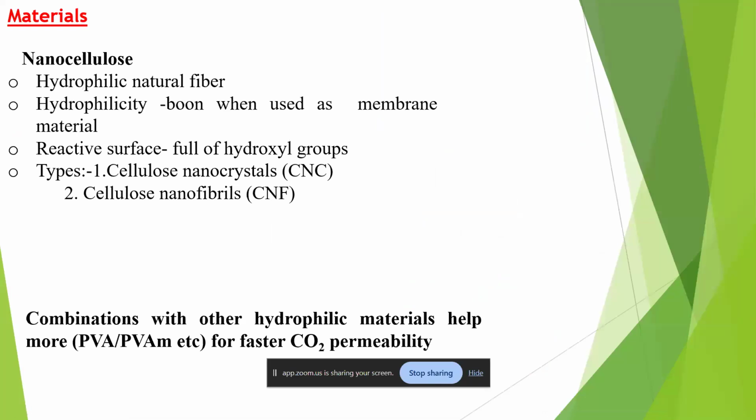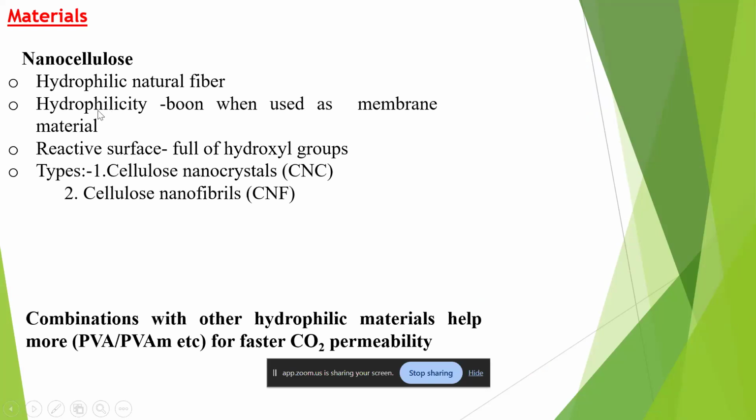And these are the materials which can be used if sustainability is a main thing, because nanocellulose being a natural fiber, it is a good thing that we can make use of nanocellulose.